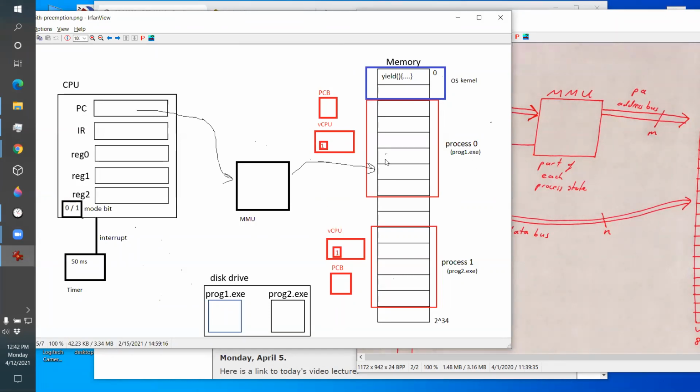On the one hand, this thing made it too simple. Okay, it gets across the right idea that one process is in this chunk of memory, another process is in this chunk of memory. When the CPU is running this process, something should keep it from seeing these addresses. And when the CPU is running this process, something should keep it from seeing these addresses.